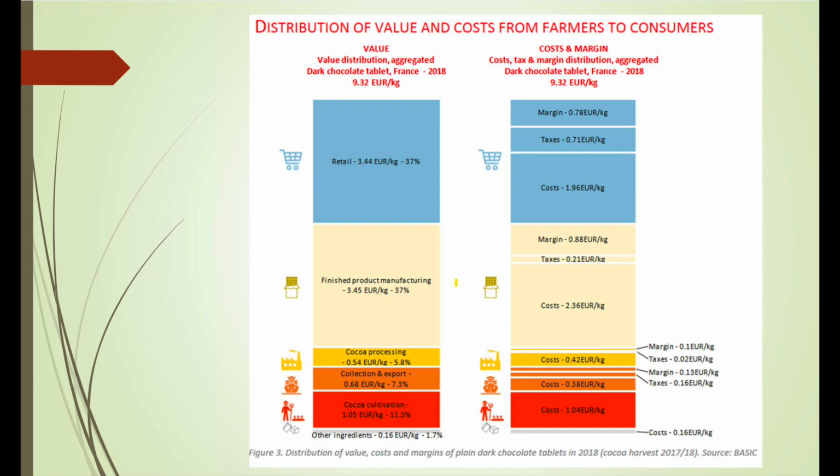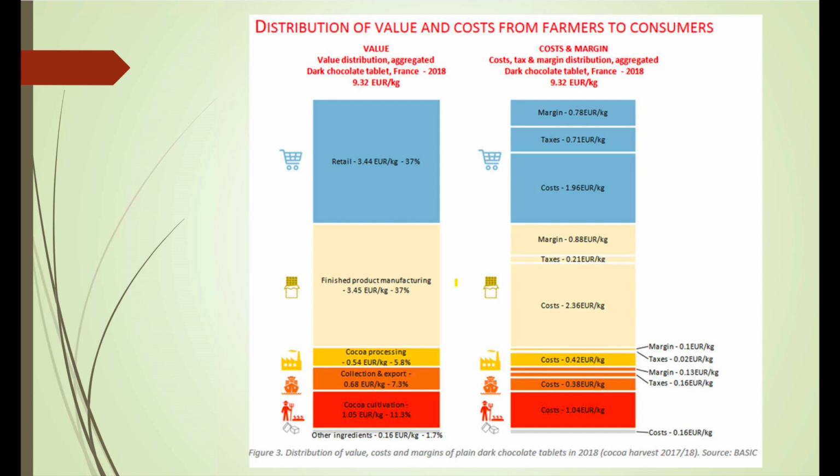The cost is here and the value is here, 1.04 and 1.05. So that means that in this value chain, they earn 0.01 euro per kilo of cocoa, versus the repartition of the cost and the value for the other types of economic actors in the value chain. So it gives you an idea of the proportion among these economic operators.